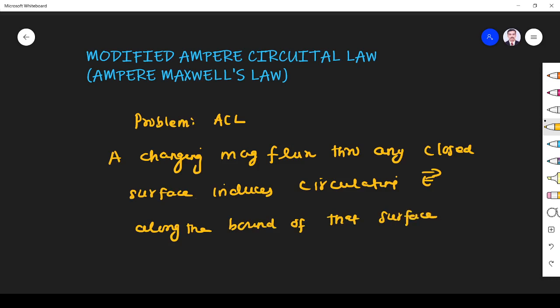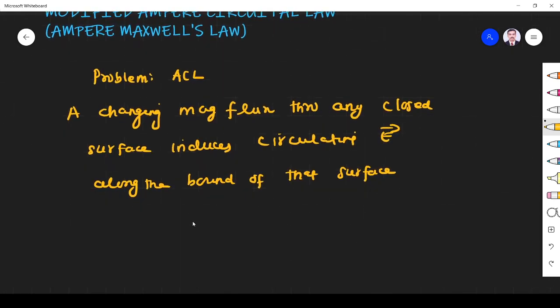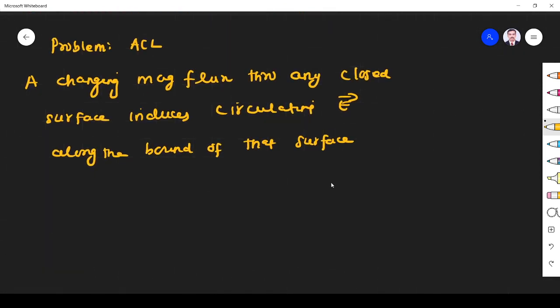This is what Faraday's law says. You see that del cross E is equal to minus dou B by dou t. So when flux changes, the magnetic field changes, and it is producing a circulating electric field. Del cross E is called the circulating electric field. So this is what Faraday's law states.